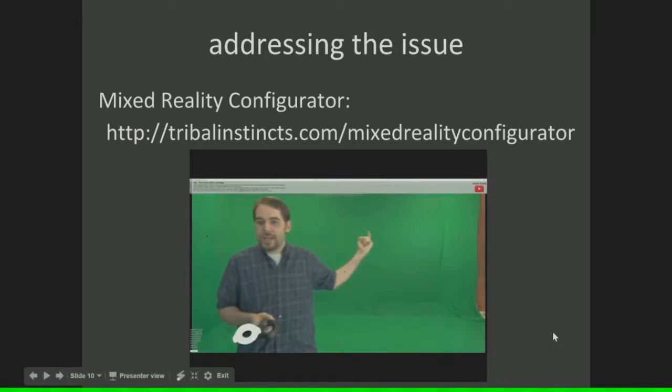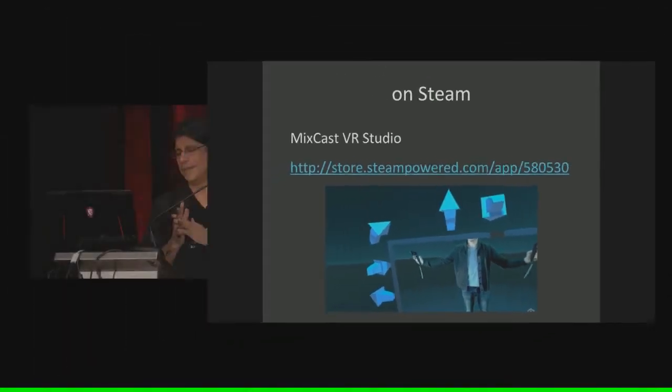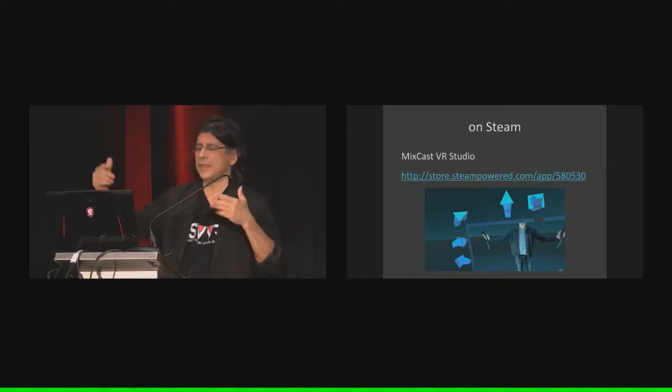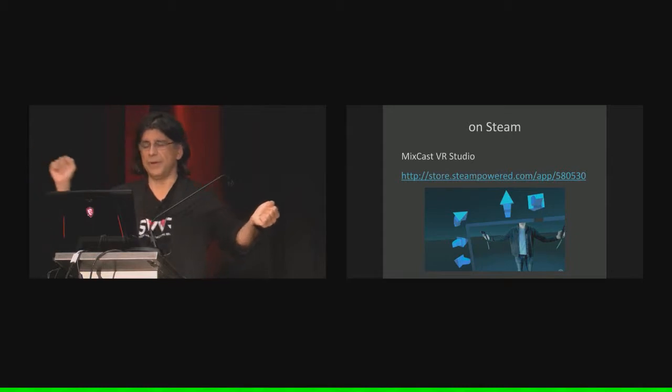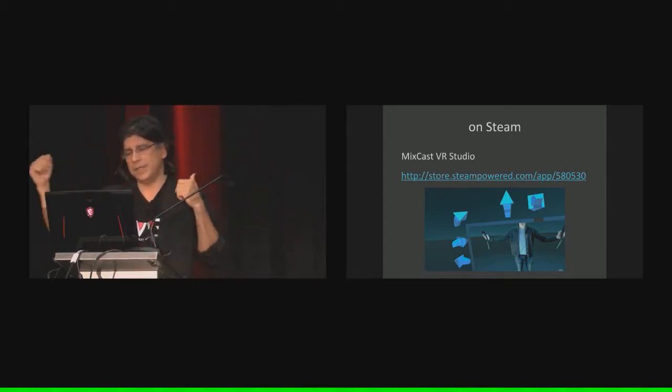So let me just go to the next slide. There are other ones. This one on Steam actually has a monthly fee. And what that does is, within virtual reality, you see a mirror of yourself, and then you adjust that mirror in different angles until you get the right field of view and all these other values.